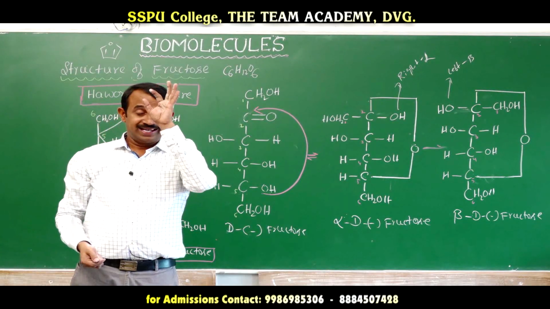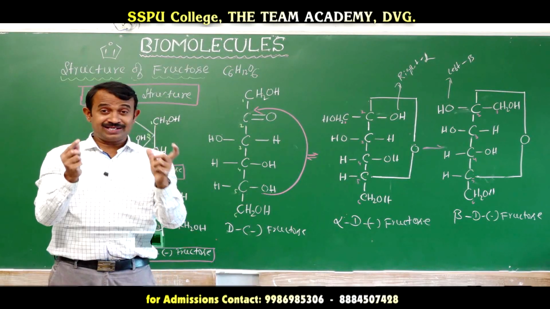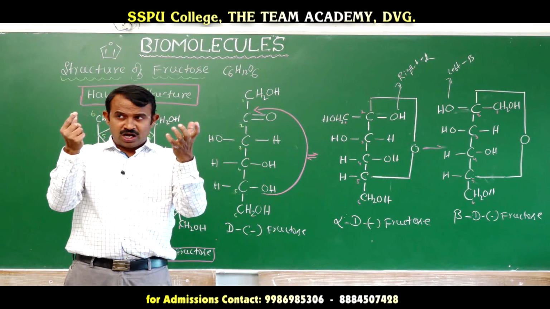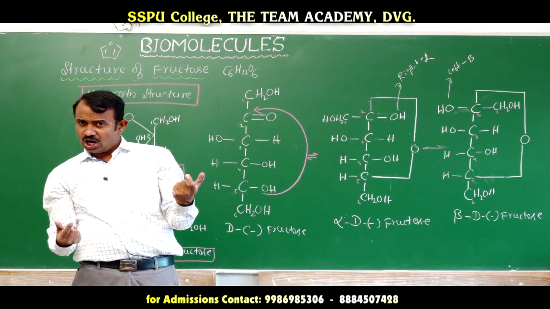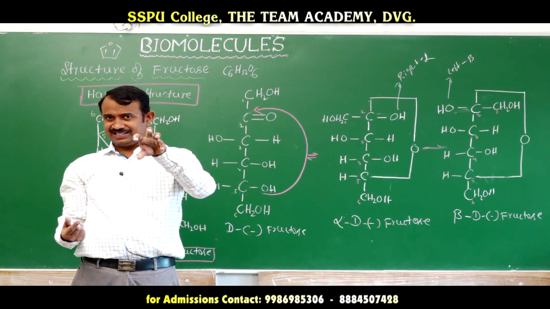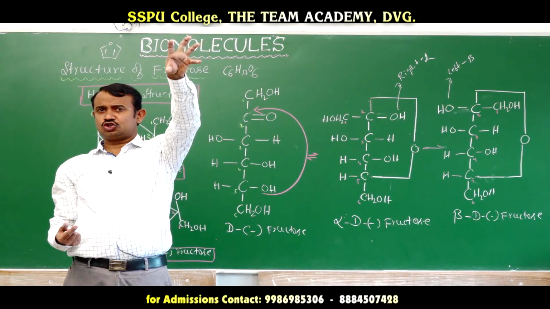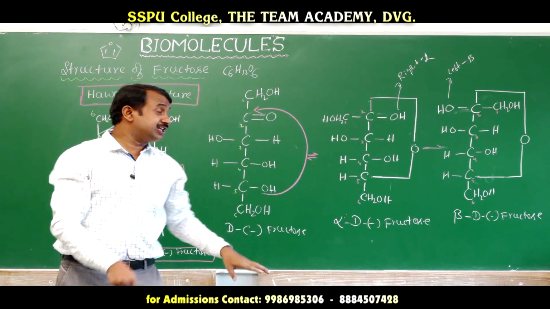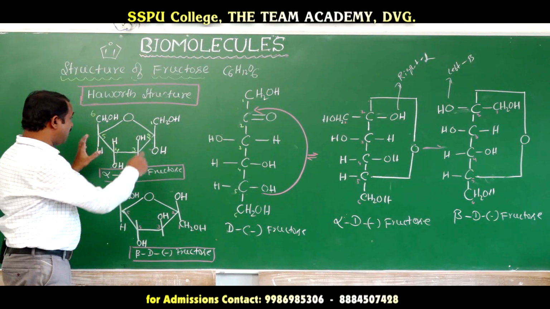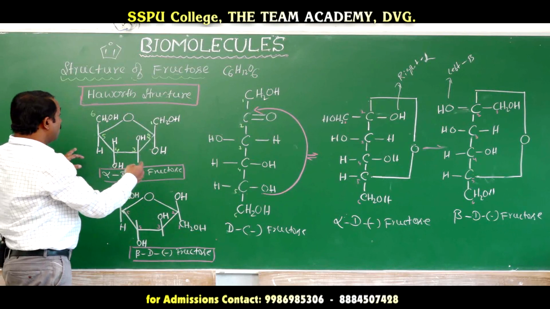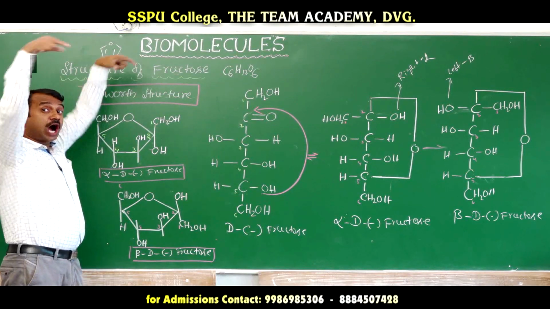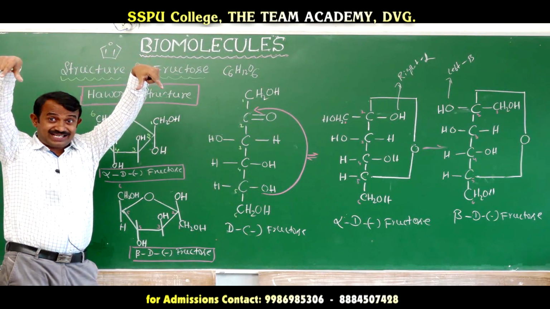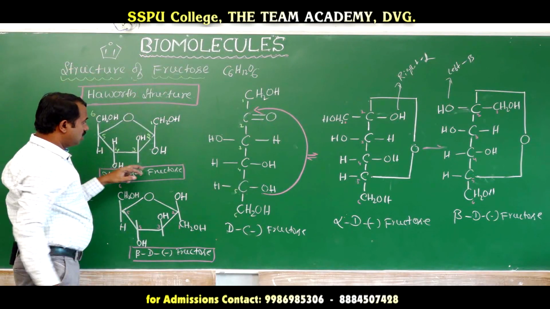Listen. In glucose, we write, you should remember, OH is below. Okay, one is outside, another one inside. The last one is CH2OH in glucose. Here also in fructose you should remember the 5-member ring. Both sides here CH2OH and CH2OH are above.